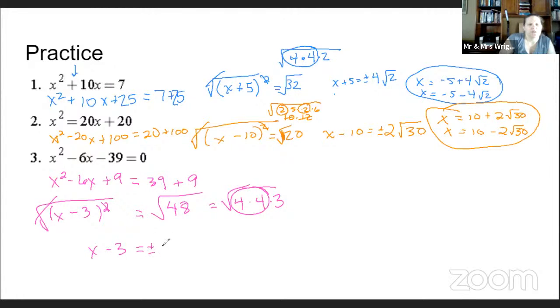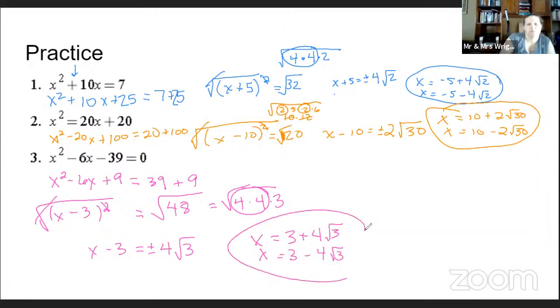They're going to get married. And so my lonely only 3 is left in the house. So my answer is x equals 3, because my negative 3 moved from the left to the right, so it became positive, plus 4 radical 3, and x equals 3 minus 4 radical 3. Those are my two exact answers.